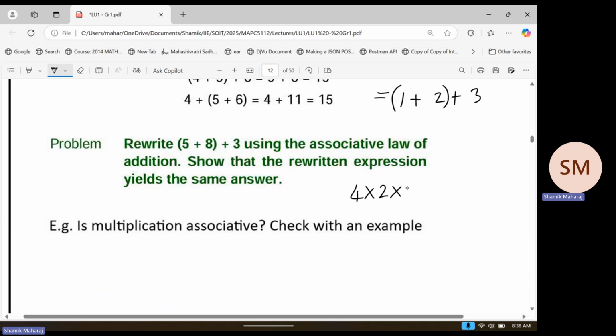4 times 2 times 2. Let's do that with a bracket here. What does that give us? It gives us 8 times 2, which is 16. Let us move the bracket and see if it works. 4 times 2 times 2 gives us 4 times 4, which is 16. So with multiplication, it works.